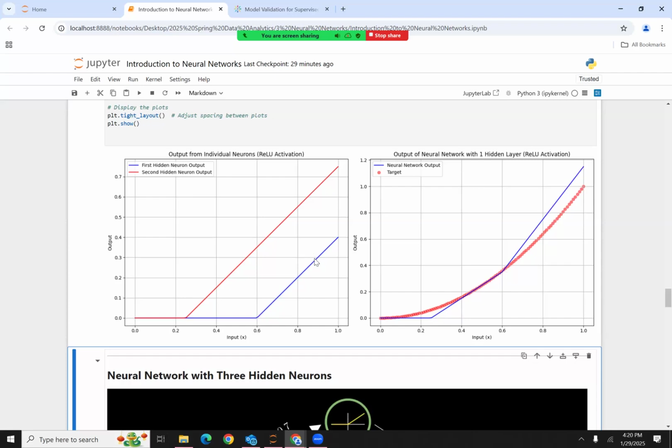This is important to note because if I change the slope coming out of the second neuron, then I'm also going to be changing the slope of the second segment, because the second segment is nothing but the output of the second hidden neuron. But if I change the slope or the weight associated with the first neuron, then the only segment that I'm going to be changing is this last segment over here.